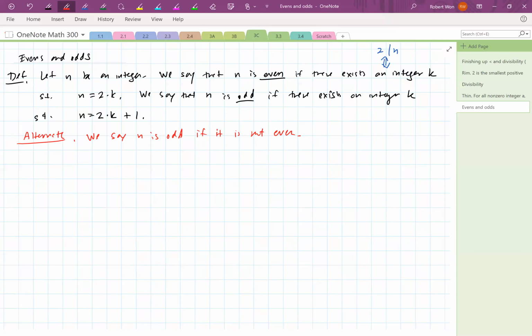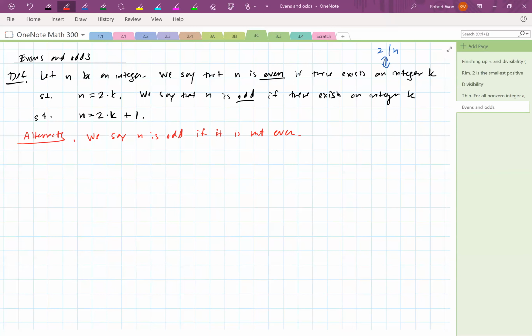Because maybe there's some integer that you can't write as 2 times k, or you can't write as 2 times k plus 1, in which case you wouldn't call it either even or odd. Or maybe there's an integer that you can write as 2 times k for some k, and you can also write it as 2 times j plus 1 for some different j. So from our current definition, we would need to prove that every integer is even or odd, but not both.